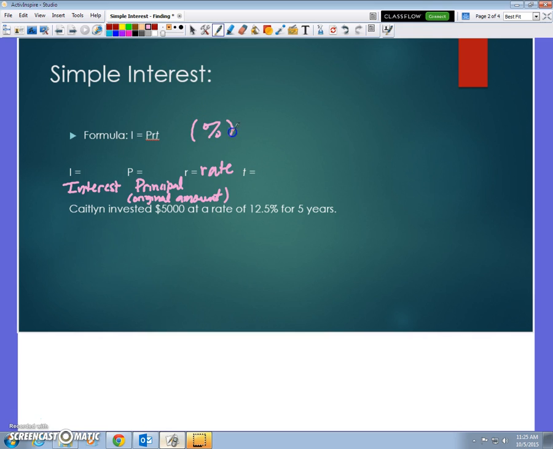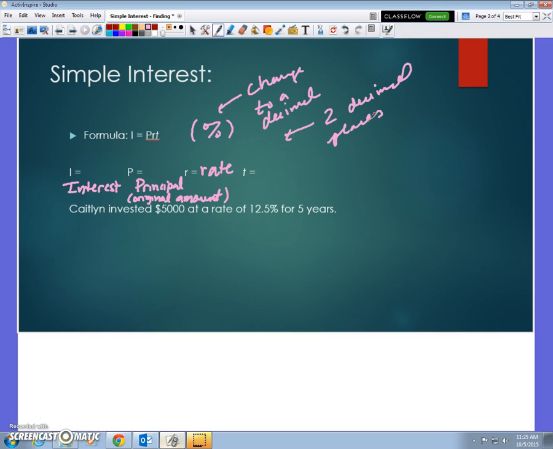That's usually a percent. You do need to change it to a decimal before you use it. You move it to the left 2 decimal places.